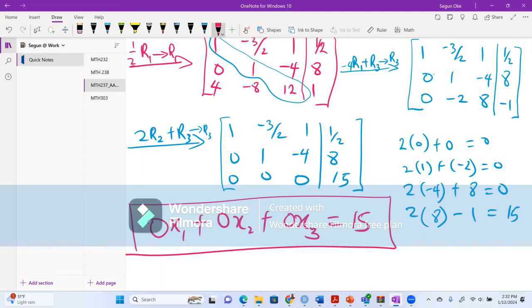That is inconsistent. So we cannot proceed here. It simply means our system is an inconsistent system. So that's how you prove inconsistent and consistent.